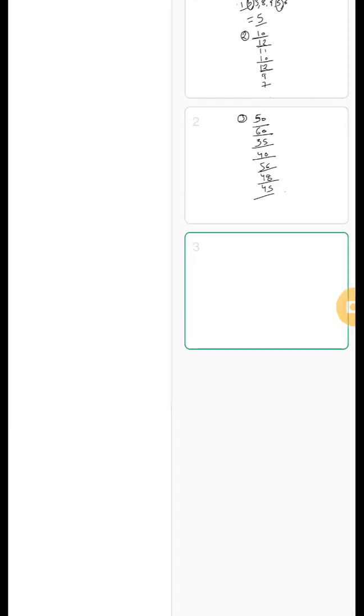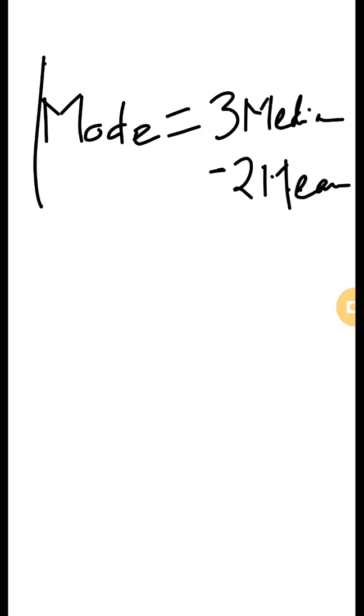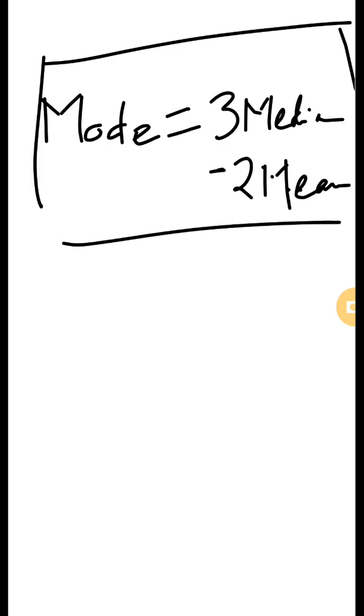So let's just write a particular formula which will help you in some of the competitive exams. Mode is equal to 3 median minus 2 mean, right? So this is the formula which you should keep in mind.